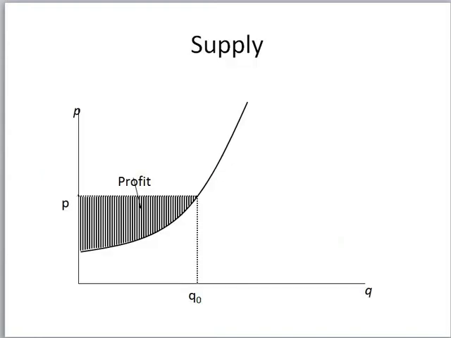Now, if we consider the graph that we have here, this graph represents the marginal cost only. That is the curve for the total cost that we have. We compute the derivative of the total cost and we obtain the marginal cost. And the integral at a particular price would allow us to compute the total profits that we obtained.